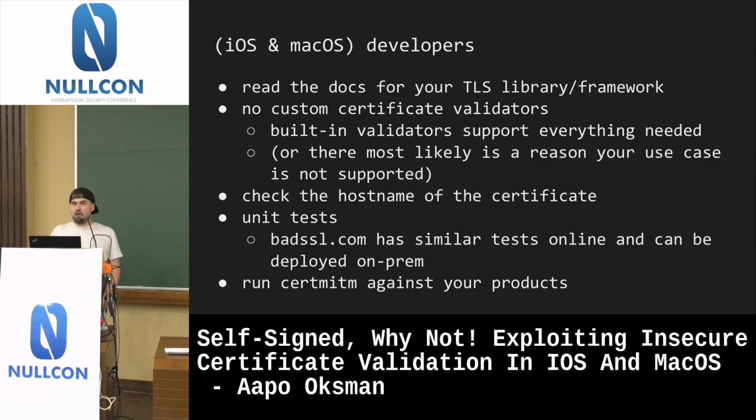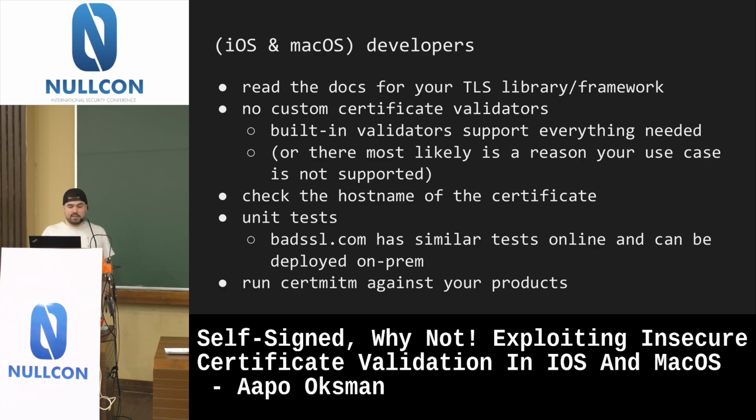It might be a really bad idea. So please stick to the things provided by the libraries and read the documentation. Especially if you're using low-level TLS libraries, you might need to check the host name of the certificate manually. This is something OpenSSL and WolfSSL don't do automatically, and it will lead to vulnerabilities.